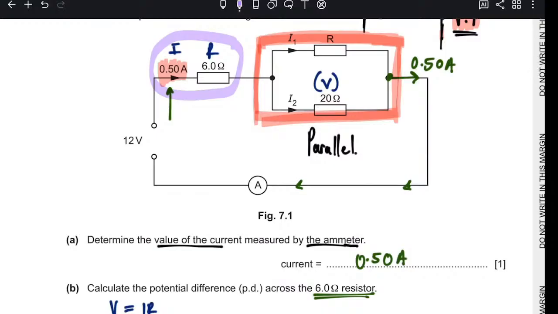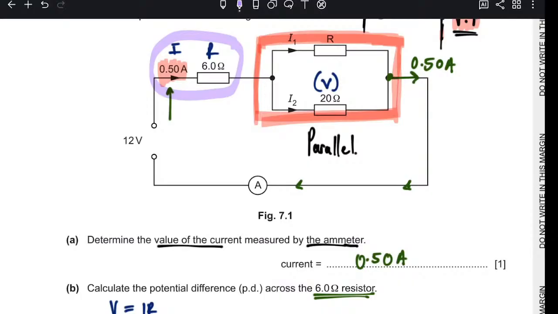Now remember, if they are in series, that means that current is the same. But then voltage is shared. The voltage is shared. Really? Yes. The voltage is shared? Yes. Which voltage? The voltage from the source. The source had 12 volts.